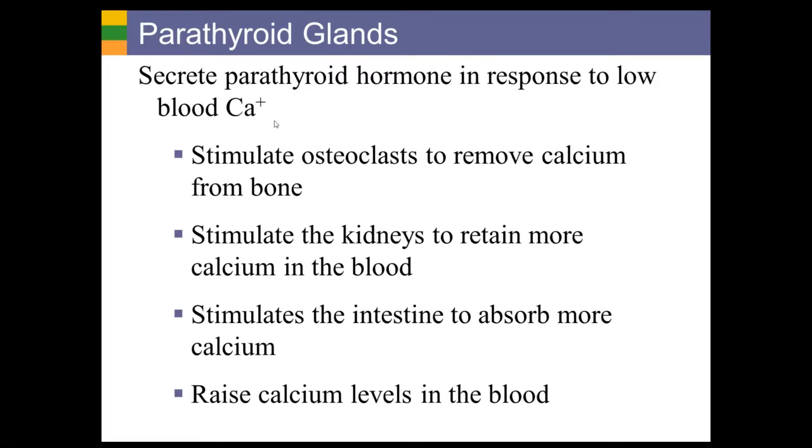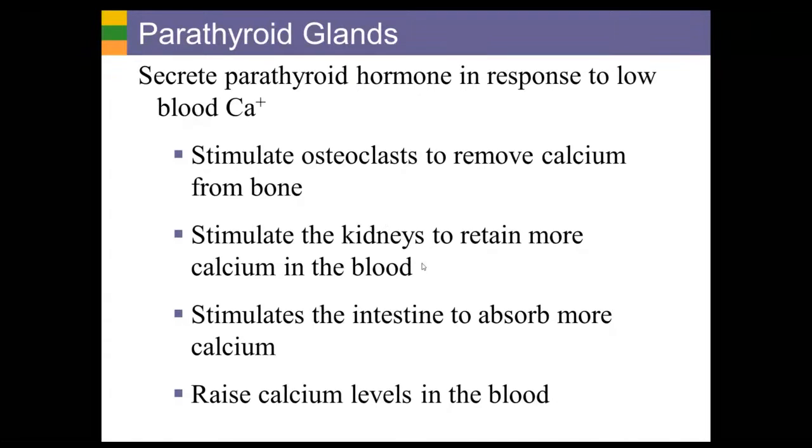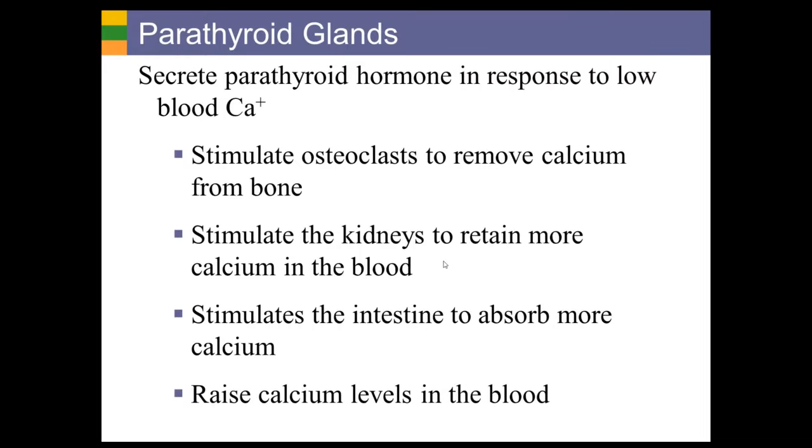Parathyroid hormone increases blood calcium levels. Parathyroid hormone causes the osteoclasts to dissolve the bone, remove calcium, releasing it into the blood. It also stimulates the kidneys to reabsorb more calcium from what they removed from the blood to keep calcium levels in the normal range.